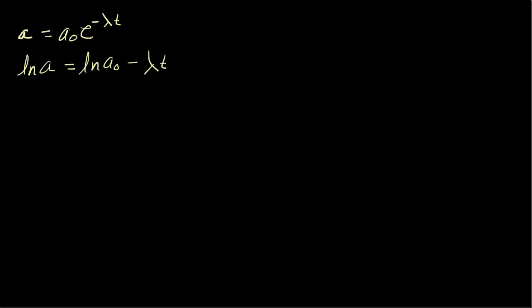If we take this term here, let's just realize that what we're taking is the log of a product of two numbers, a times b. We know that this is the log of a plus the log of b.